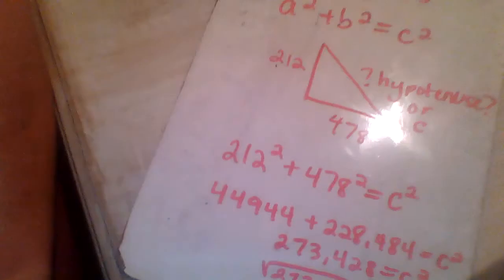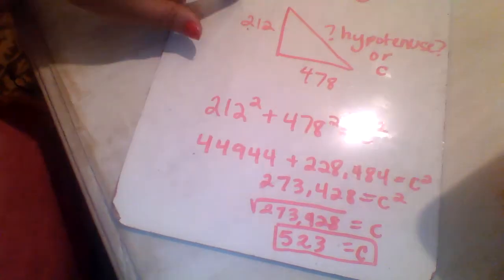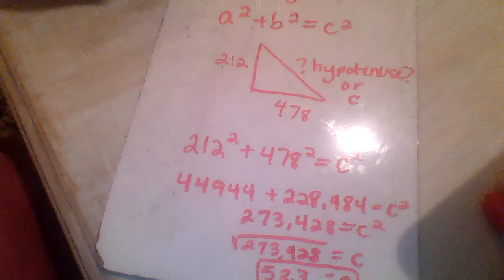Okay? Got it? Okay, so we used our Pythagorean theorem to find the hypotenuse, and we can also use it to find the length of one of the sides of our right triangle.